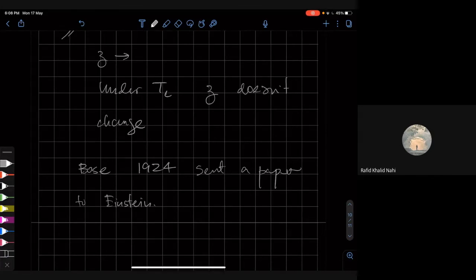That's why I'm telling it here. And Einstein really liked the paper. He liked it so much that he translated it into German and got it published in the top journal of the day, which was called Zeitschrift für Physik. If you translate it, it's called Annals of Physics. And he got it translated.